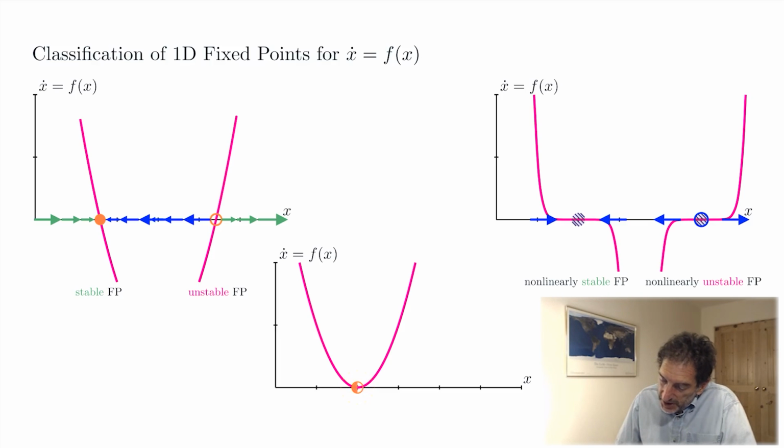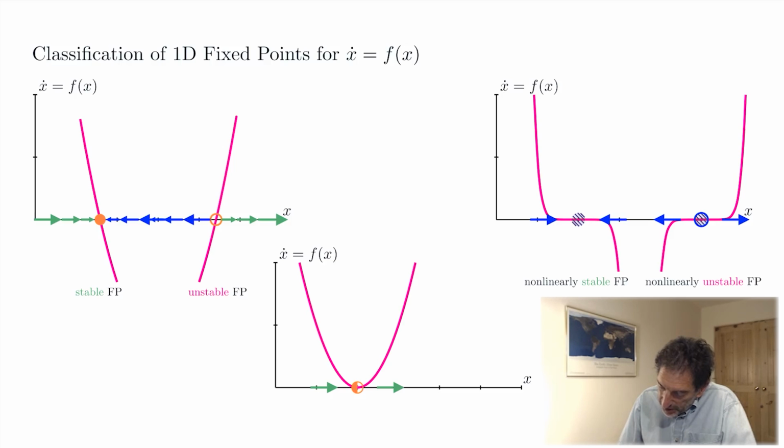But we see that to the left of the fixed point, f is positive, so the flow is to the right. On the other hand, to the right of the fixed point, f is again positive, so the flow is again to the right. So what it means is that if I'm approaching the fixed point from the left, this is a stable fixed point. And if I'm just to the right of it, I'm flowing away from the fixed point. So we can think of this as like half stable, half unstable.